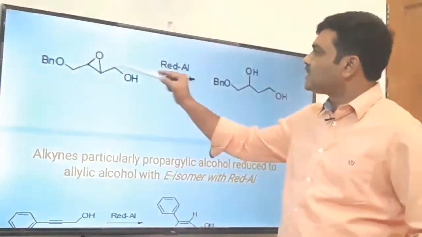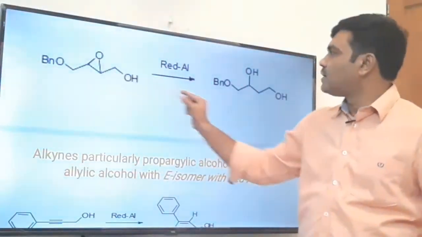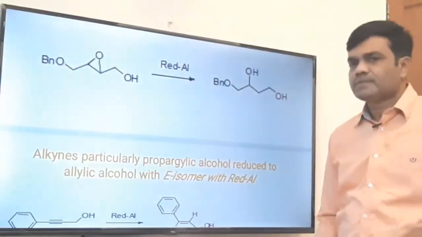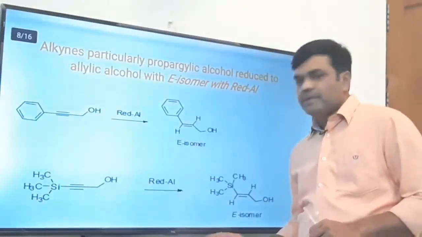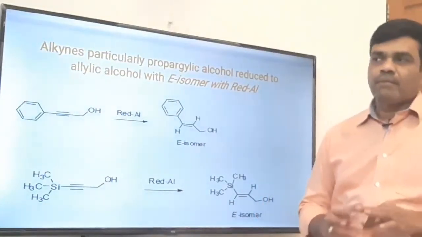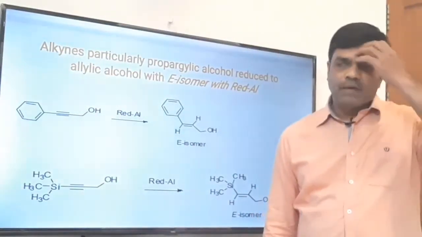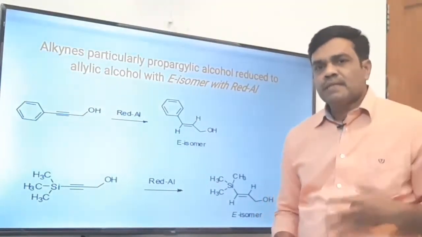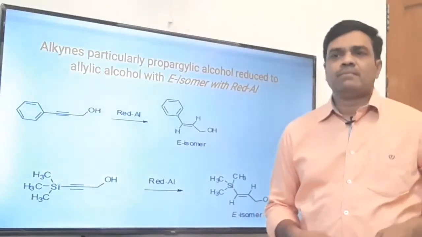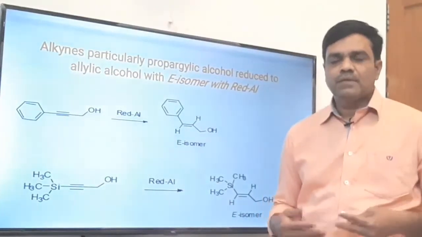Now the next point is we know that lithium aluminum hydride and sodium borohydride do not react with carbon-carbon double bonds or carbon-carbon triple bonds. We already discussed that, because there is a repulsion between the hydride ion and the carbon-carbon double bond or triple bond, as both are electron rich.